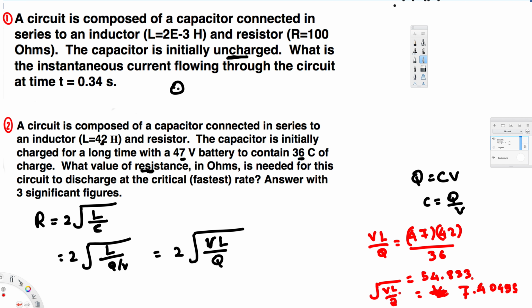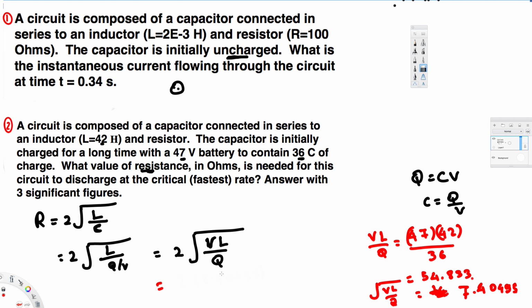7.40495. And now the question is 2 times of this, 2 times 7.40495, and that's going to give us, it's better to write in this one first and then show the final answer.